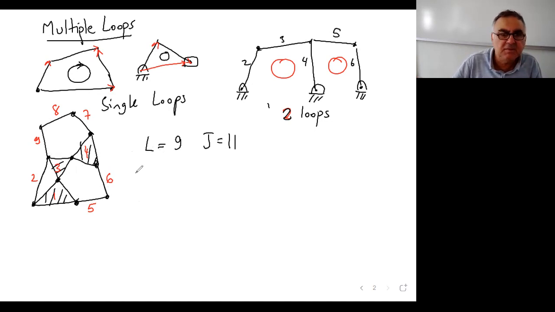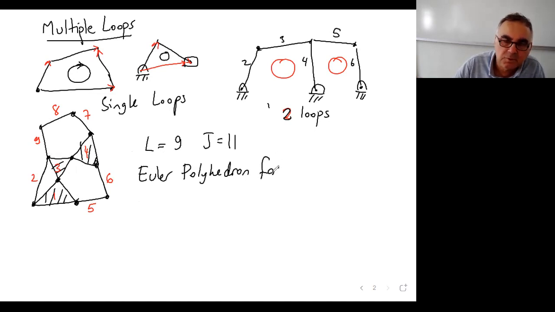Well, there is a famous formula used in graph theory. Again, it's due to Euler, the polyhedron formula, which relates the number of loops to joints. So the number of loops is equal to the number of joints minus the number of links plus 1.